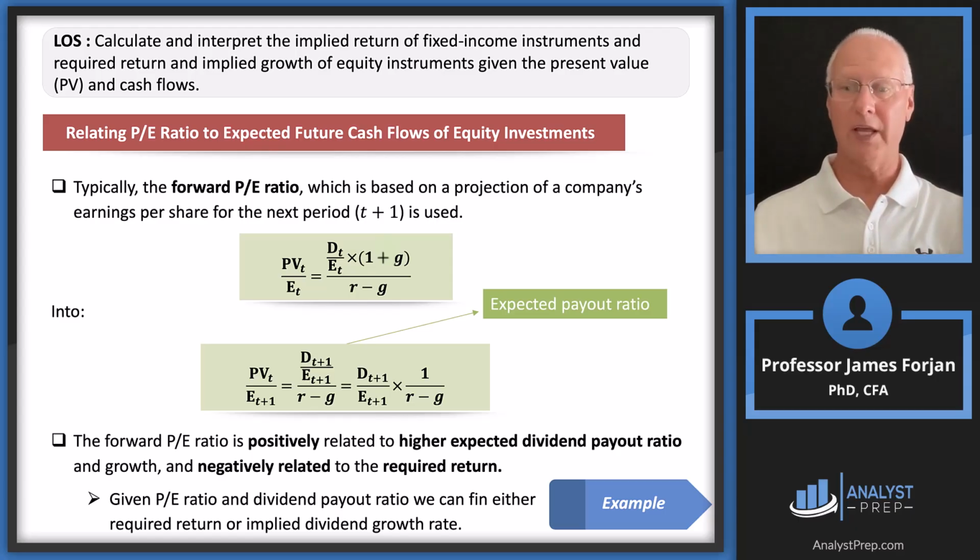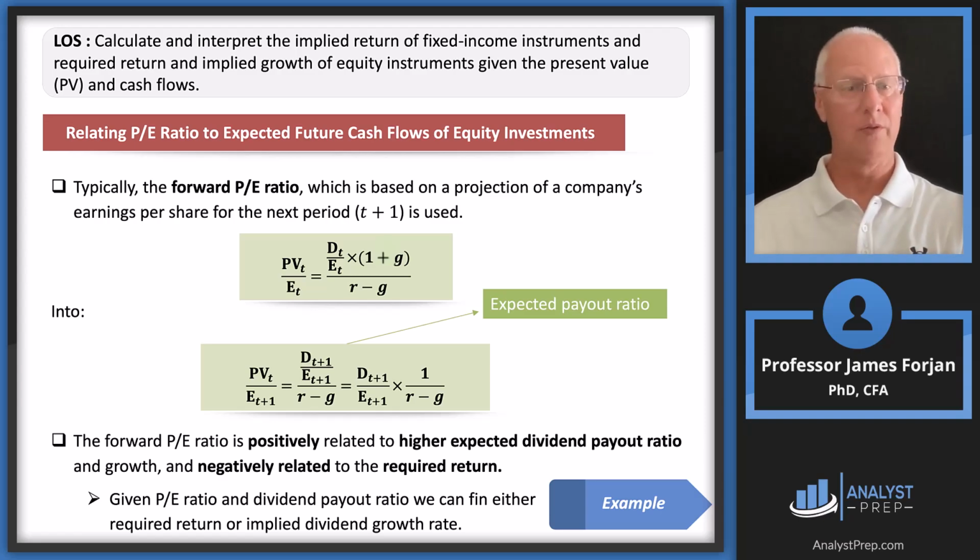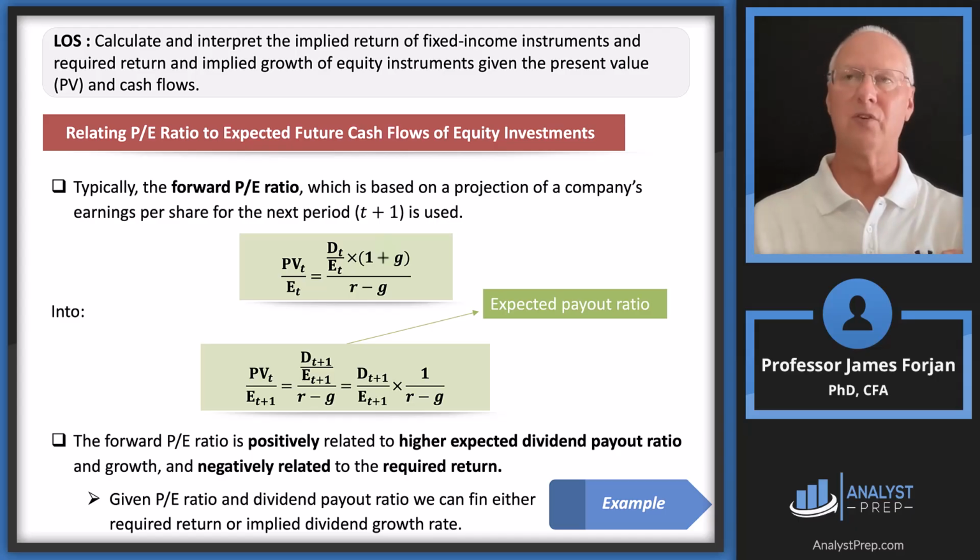Forward PE ratio is positively related to higher expected dividend payout ratios. Oh, wow. This makes a lot of sense. And to growth, but it's negatively related to the required return. So what was I saying just a moment ago? Throwing in earnings, whether it's current earnings or expected earnings, like in these two in the bottom green box there, gives us a better understanding of the interworkings of those variables.